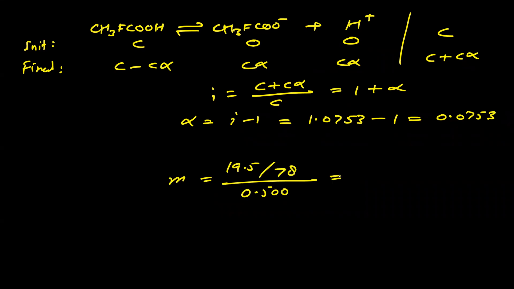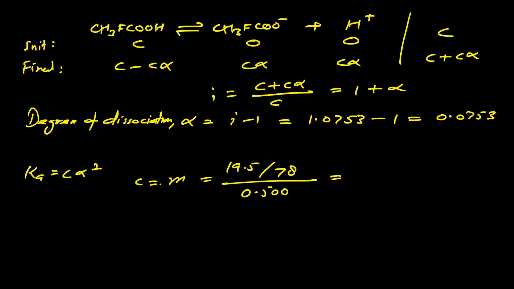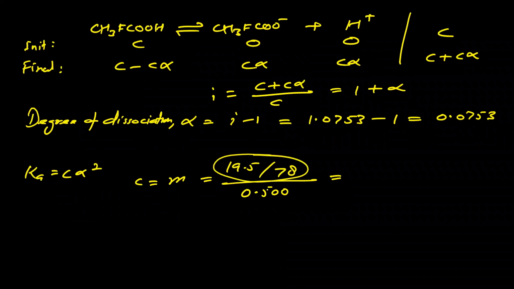Alpha is degree of dissociation, Tanishi. We got alpha. Why we are calculating alpha? Because we need it in the calculation of Ka. C we got from here. C is equal to molality, number of moles divided by mass of water in kilogram.